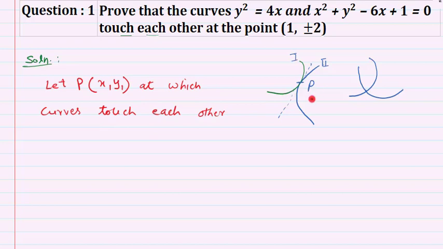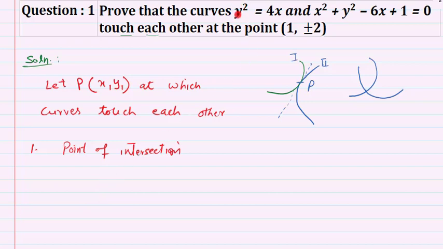So we have selected the coordinates for point P. Now we'll calculate the slope of tangent as well as the point of intersection of the two curves. So very first, let us calculate the point of intersection. And the point of intersection is x1, y1. So basically we are calculating the values of x1 and y1.